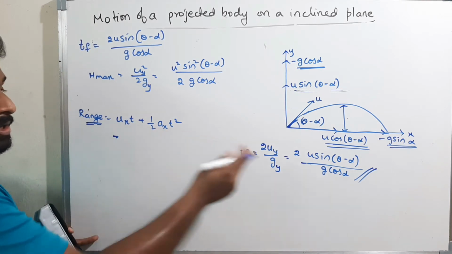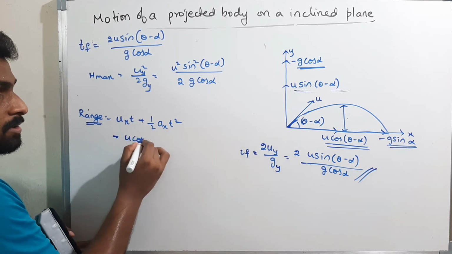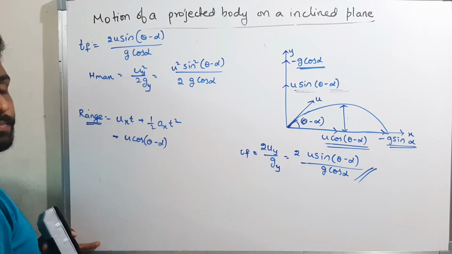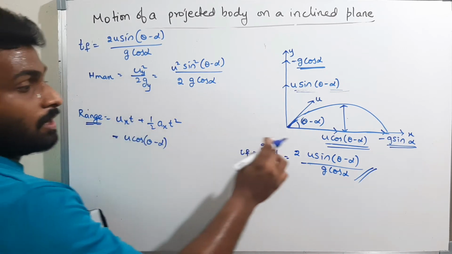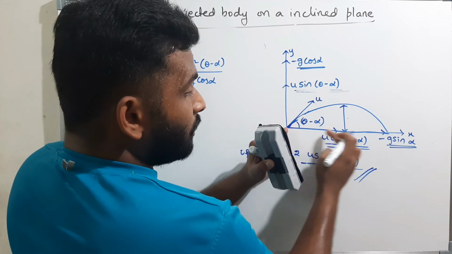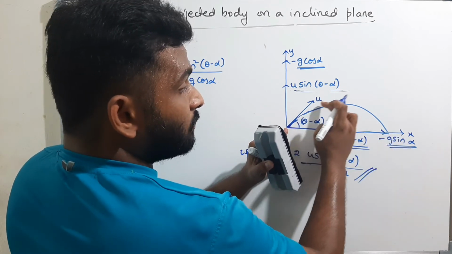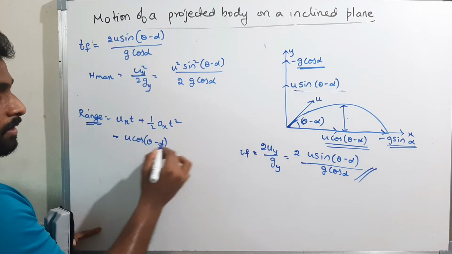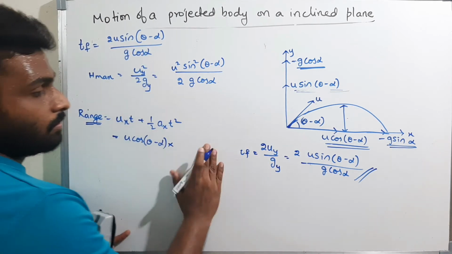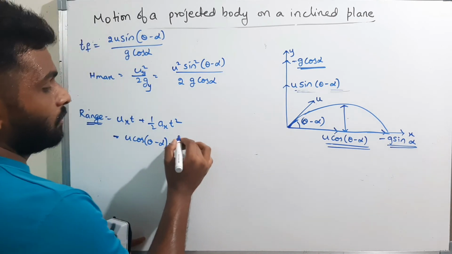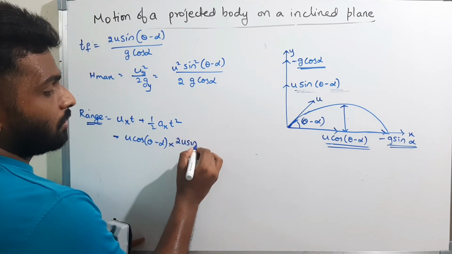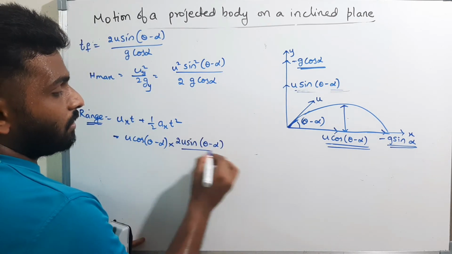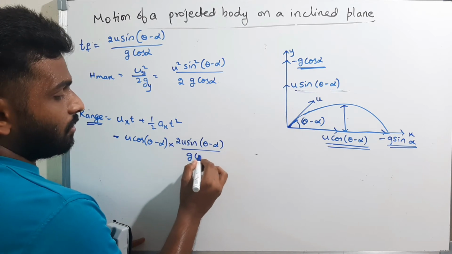What is the horizontal velocity? That is u cos(theta minus alpha) into the time of flight. The body is traveling from here to here in a time, and that time is nothing but the time of flight. So, into 2u sin(theta minus alpha) by g cos alpha.